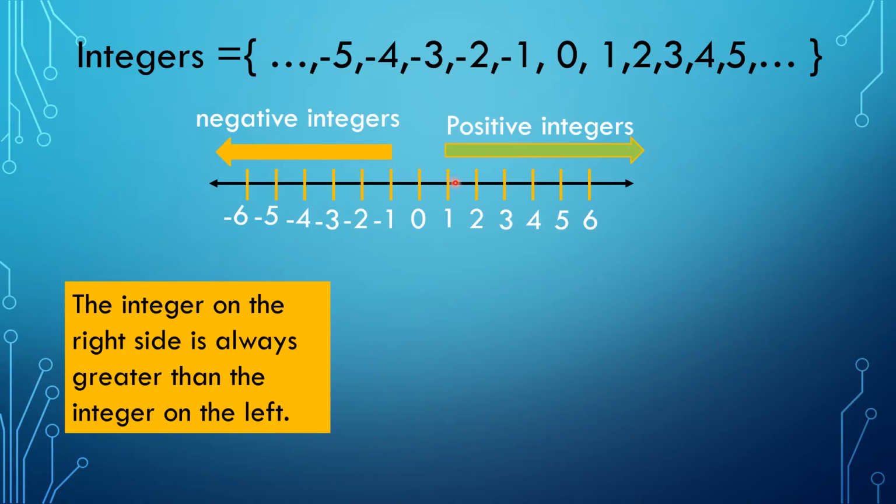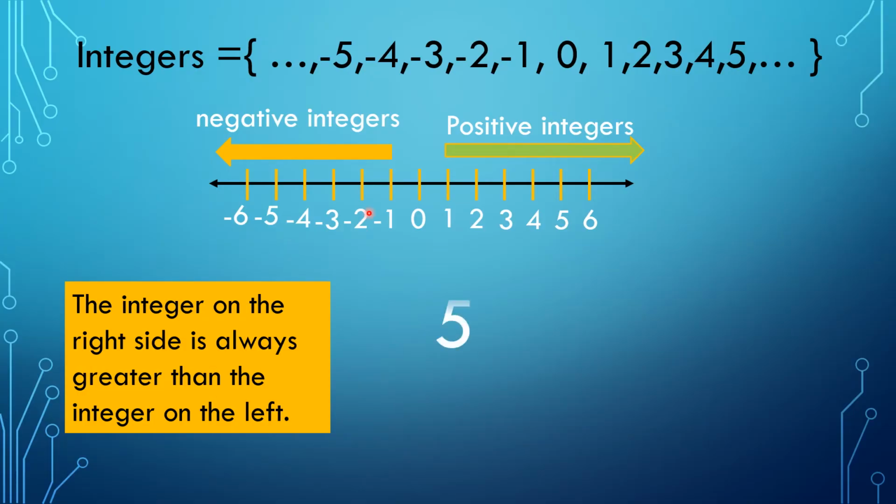And positive numbers also are on the right side of negative numbers, which means positive numbers are greater than negative numbers. And 0 is greater than negative numbers because 0 is on the right side of negative numbers.